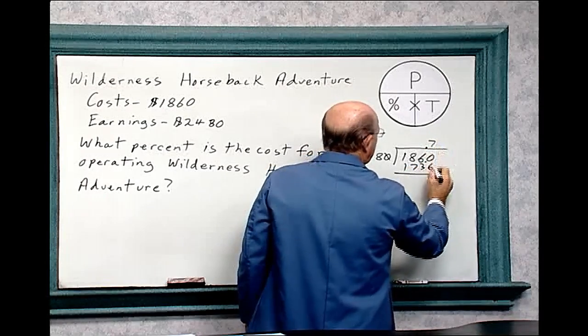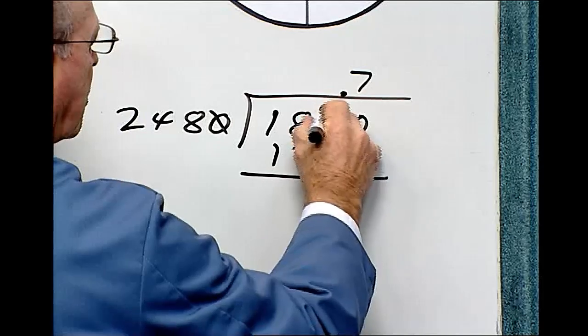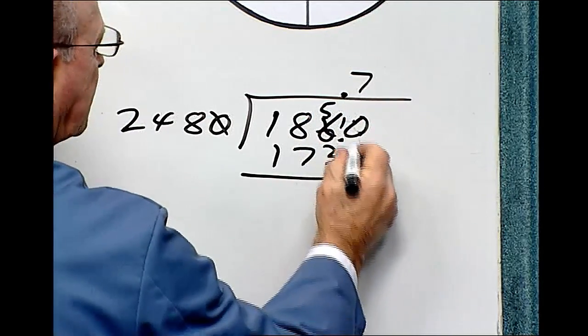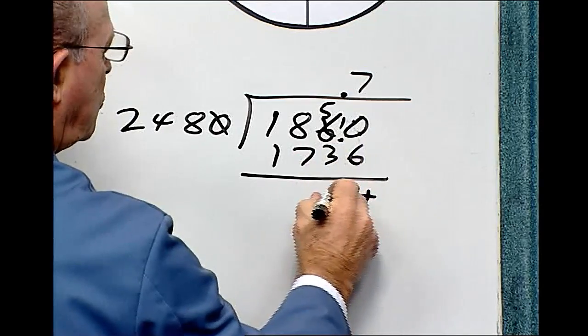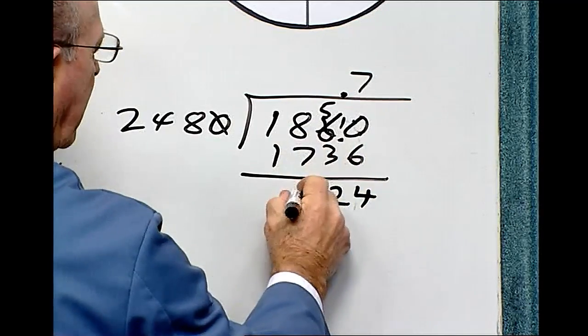Put a 7 over here. Borrow 1 from the 6. 6 from 10 is 4. 3 from 5 is 2. And 7 from 8 is 1.